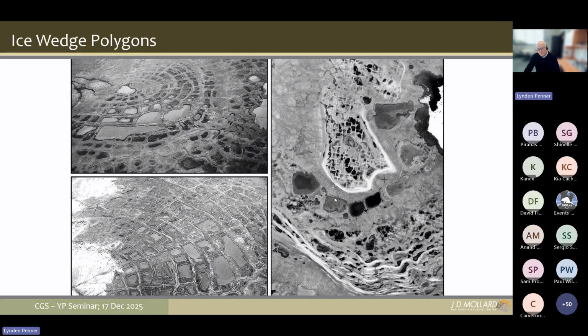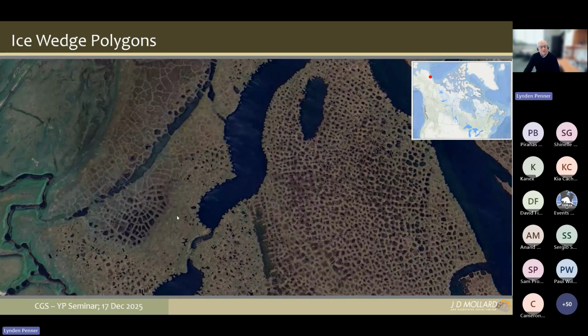Thaw basins, which I've got some other examples, but where you have degrading permafrost, you see the thaw basins. You also see thawing ice wedge polygons. Here you have both some polygons that are thawing and others that form ridges, and the area in between the polygons is depressed.